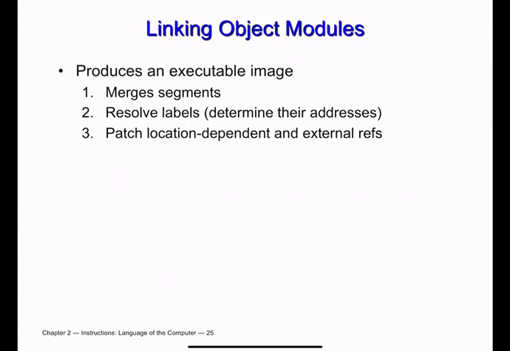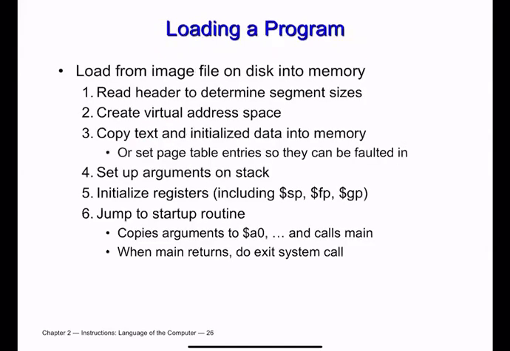So when we do the linking of the object modules, of course, we merge segments, and then we determine the addresses to resolve the labels. We also define external references and patch locations.